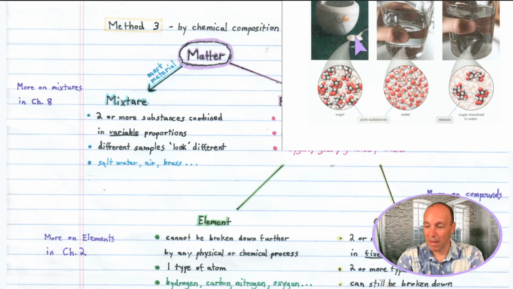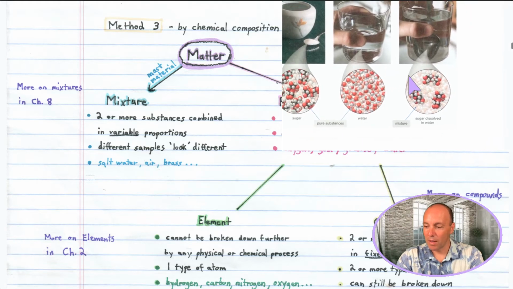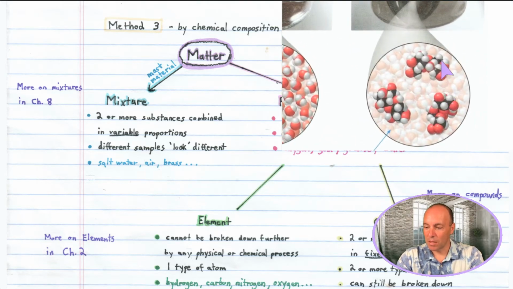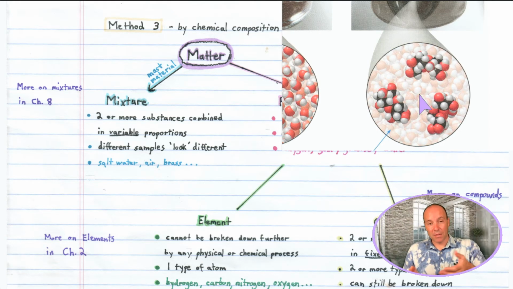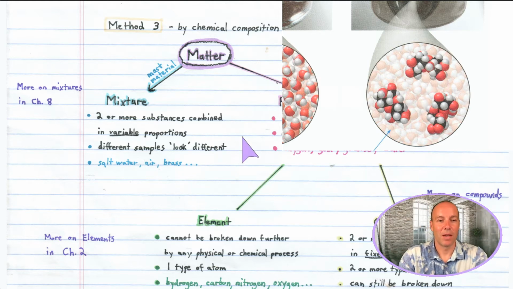But when you combine them together, if you pour this spoonful of sugar in that water, then the sugar molecules get distributed in the water, and now you have two different types of molecules. You got your sugar molecules and then your water molecules. But again, it's a mixture, not only because you have two types of particles, but because the proportions can be varied. You can add a lot of sugar to the water, or you can add a little bit of sugar. Okay, variable proportions.